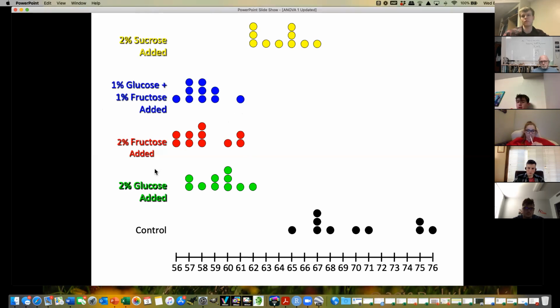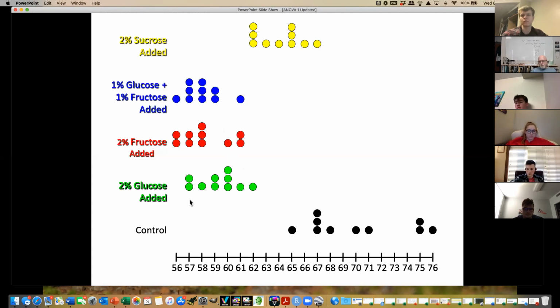Well, if you look at their max and min, they're pretty similar. But if you were to look at the mode on them, they drop a little bit. You got 60 for the 2% glucose, and you got 58 for fructose. So their modes are slightly different, but their overall range of variation is very similar.